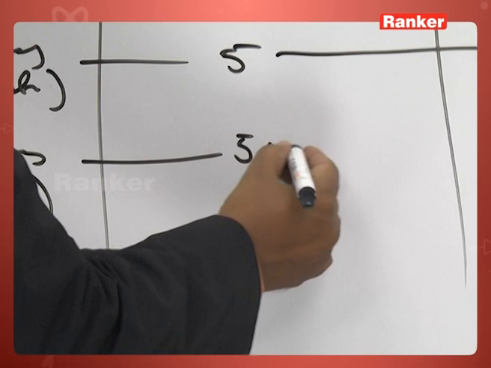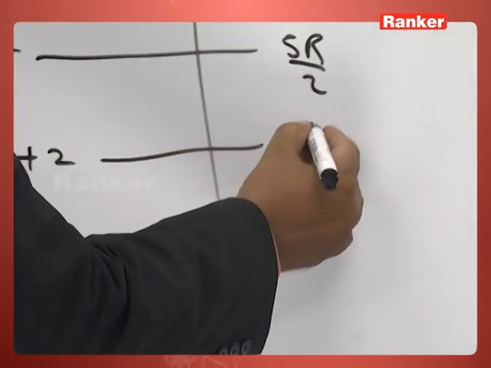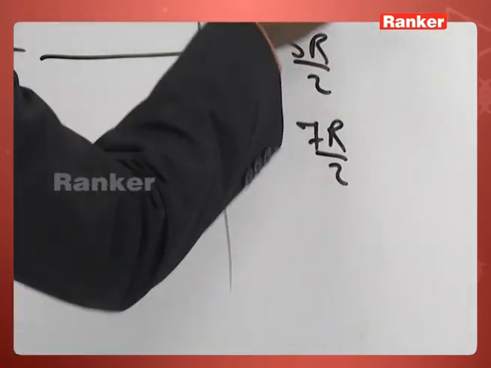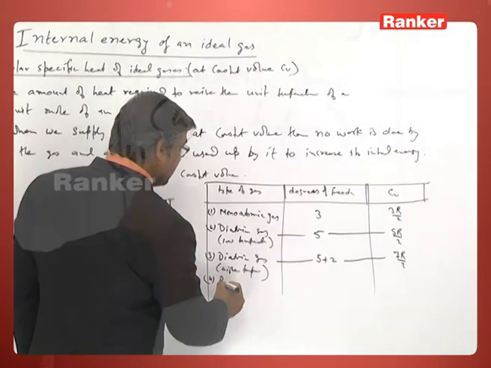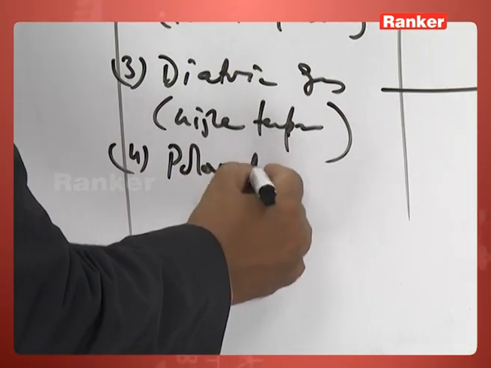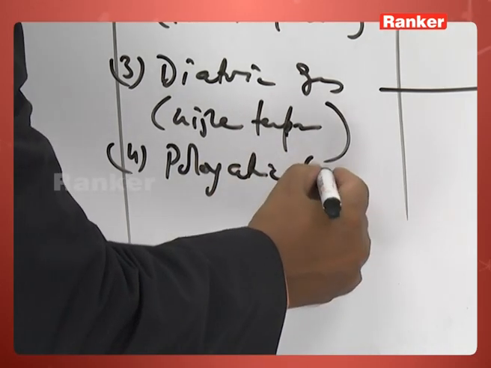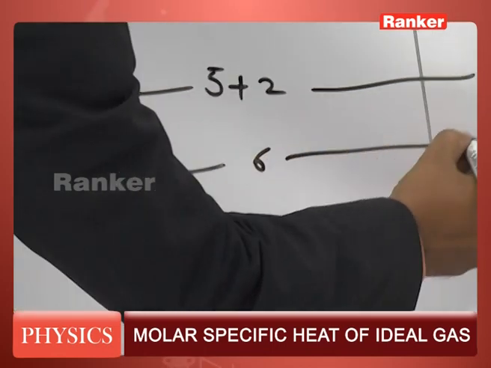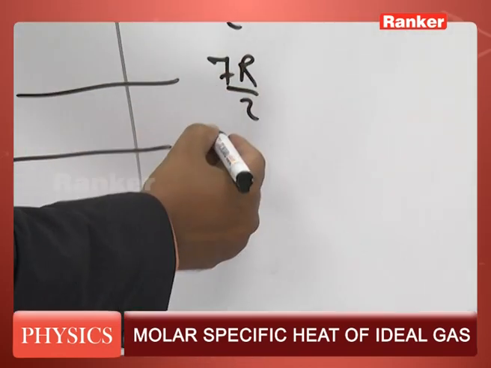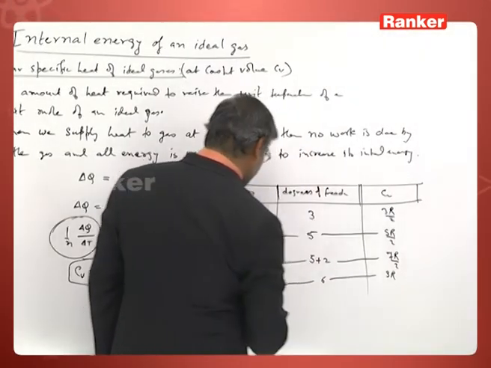So, 5 plus 2, that is 7, so 7R by 2 is the specific heat at constant volume. Then fourth, polyatomic nonlinear at low temperature. So, we have 6 degrees of freedom. So, 6R by 2 means 3R.